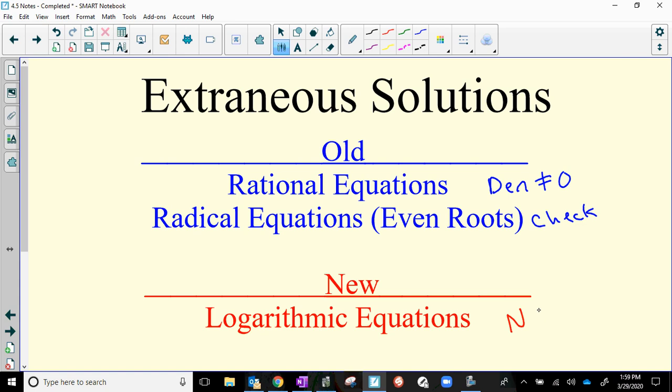Every n from Benny, the number that we put inside the logarithm, that value has to be greater than 0. Notice I didn't say x, so the number inside the logarithm, and it has to be in the original equation. When you condense, you're going to change that value of n sometimes, and you'll let numbers sneak in that shouldn't be answers.